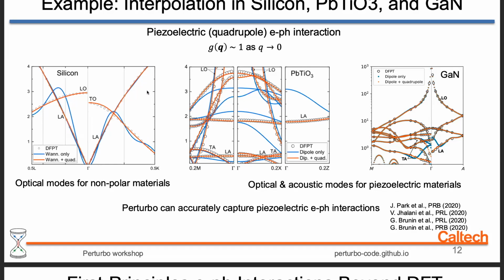In piezoelectric materials, this is important for all phonon modes, and in nonpolar materials, this is also important for optical modes. The way to capture this is with the quadrupole moments of the phonons, and Perturbo can capture this with methods implemented by Jinsu and Batzel in previous years.